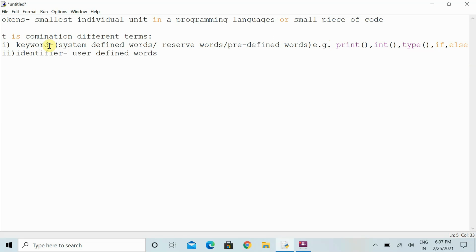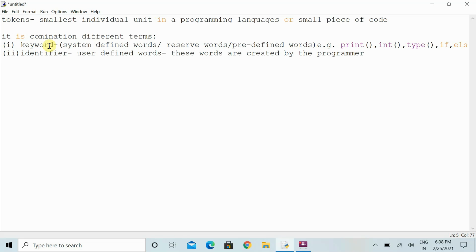That means the programmer who is writing the code creates his own words so that he can develop the code.